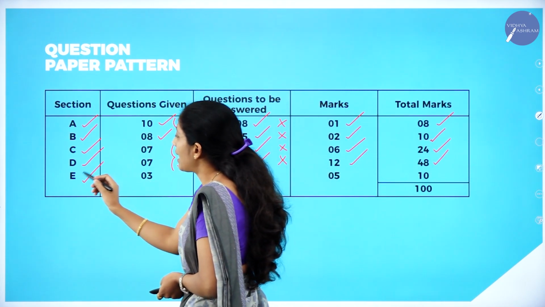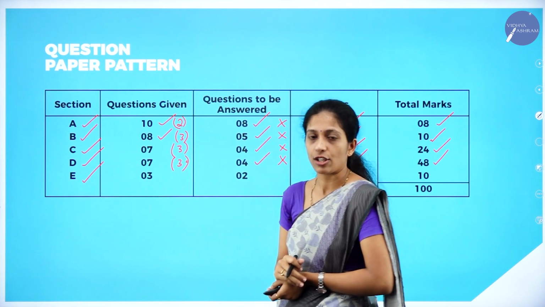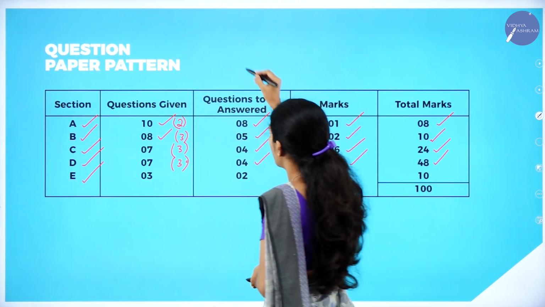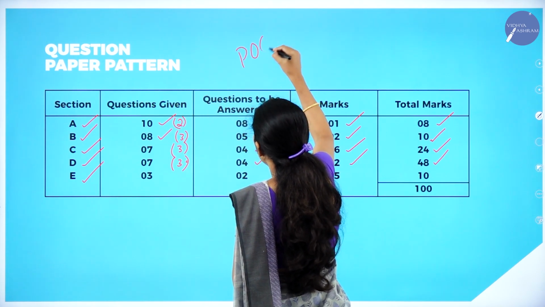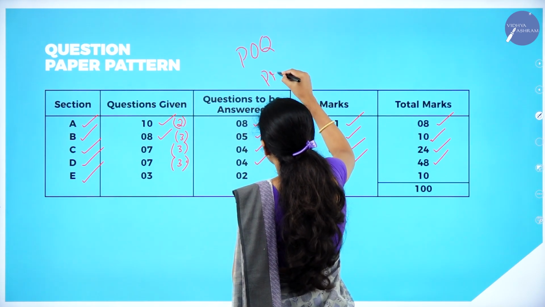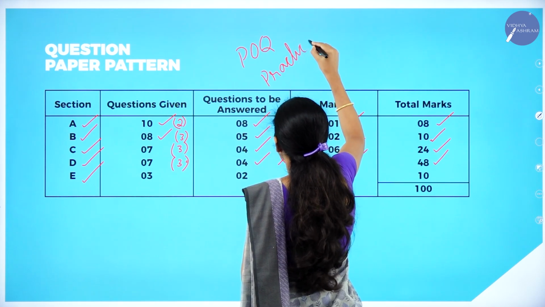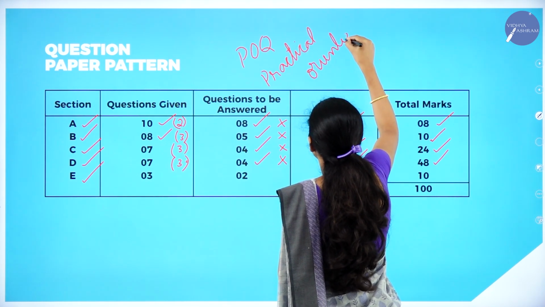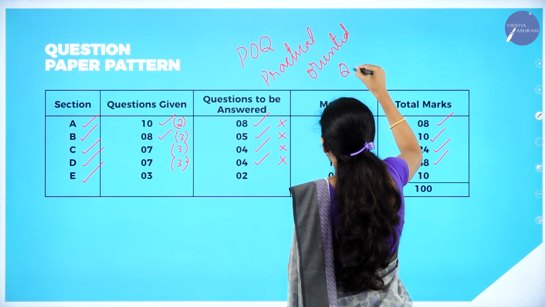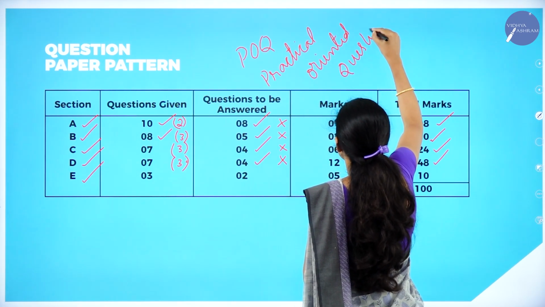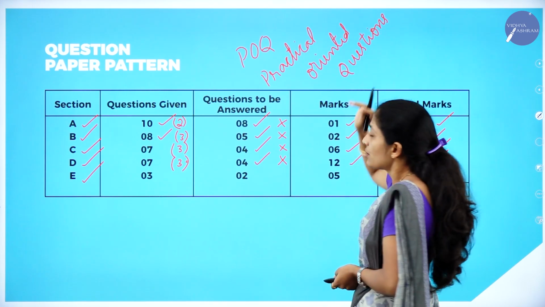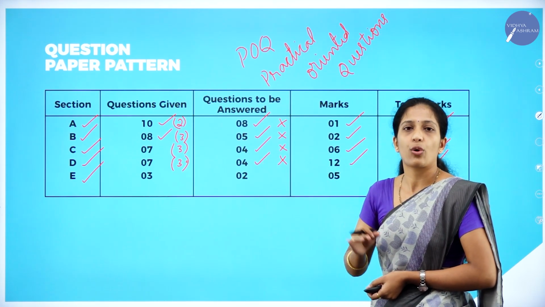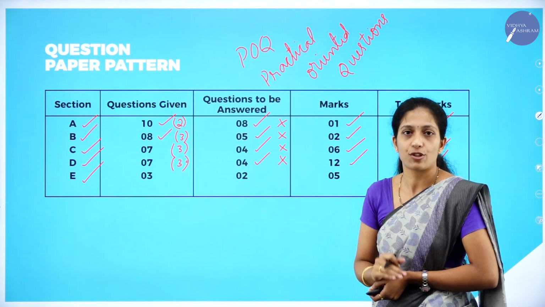Now coming to the last section, section E. I have already told you it is a practical oriented question, so we call it POQ, that is practical oriented questions. Once you are familiar with all these sections, practical oriented questions are very easy to score.